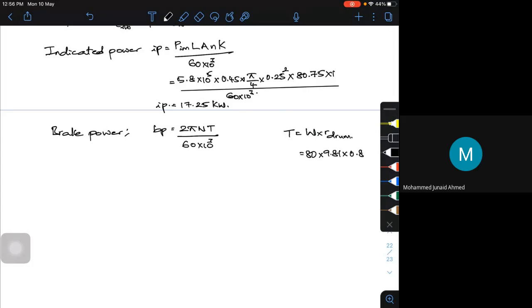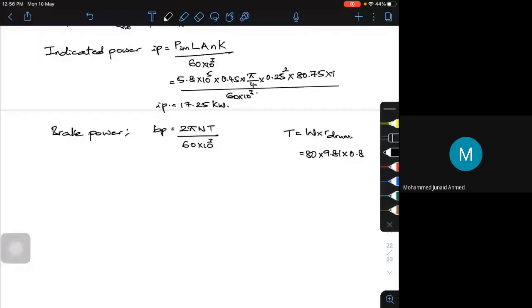So 80 into 9.81 into 0.8 is 627.84 newton meters.